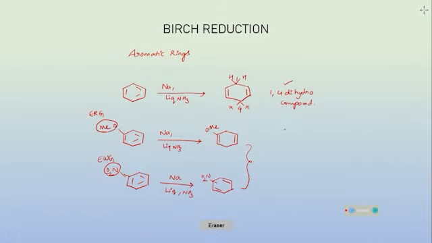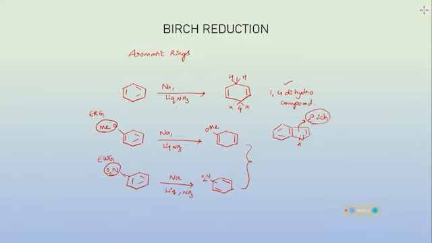In the case of heterocyclic aromatic compounds, let us take indole as an example. This ring is electron rich because nitrogen has a lone pair of electrons and these pi electrons will delocalize continuously.